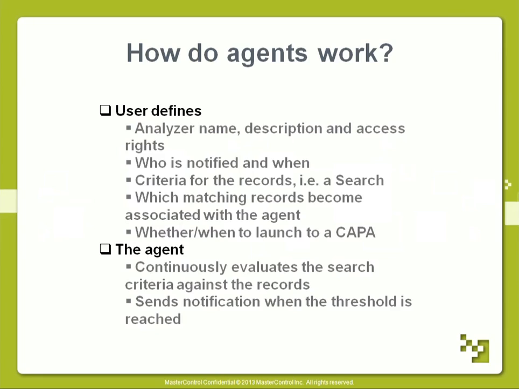So in terms of how you set it up: analyzer name, description, your access rights, so you can actually safeguard and say, this is mine, nobody touch it. You set up who's notified and when, and that's kind of similar to rules and scheduled reports. The criteria is really just a MasterControl search. And then there's a little bit of finer detail that we'll get into, and I'll skip some of that.